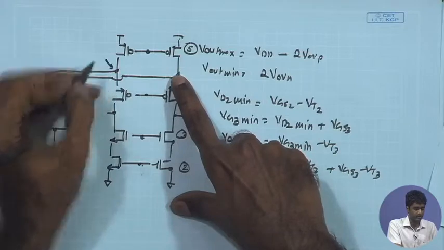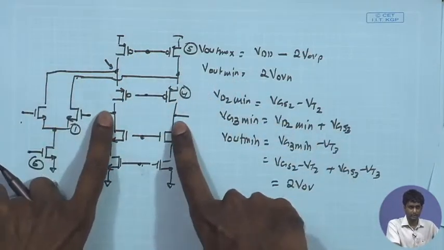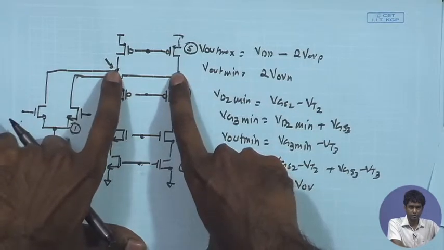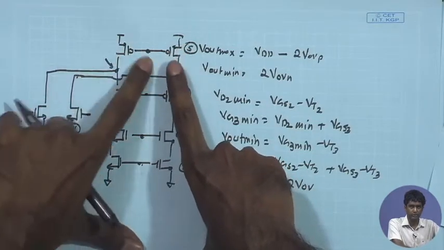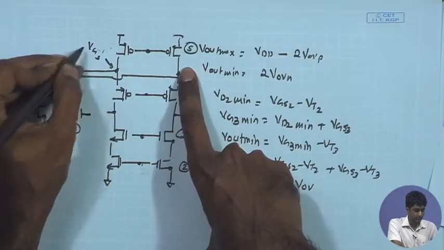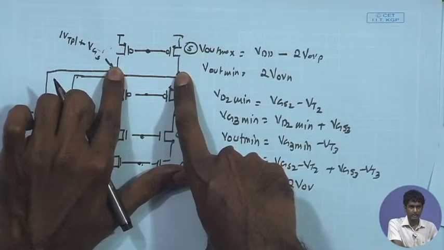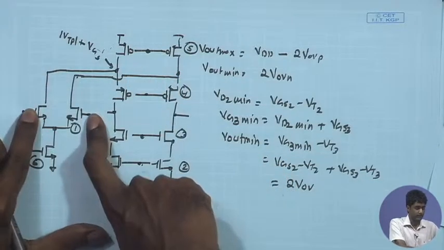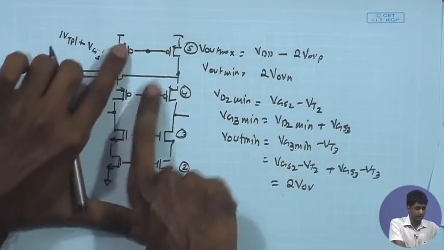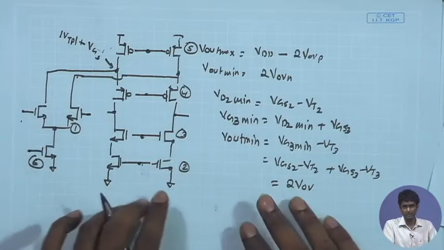The maximum value that you can have over here is VG5 plus mod VTP. In order to get maximum possible swing at this node, you would like to push this DC point to the maximum possible value, which is going to be VG5 plus mod VTP, and as a result, the maximum value that you can have over here is going to be VG5 plus mod VTP plus mod VTP, which can be pretty large.